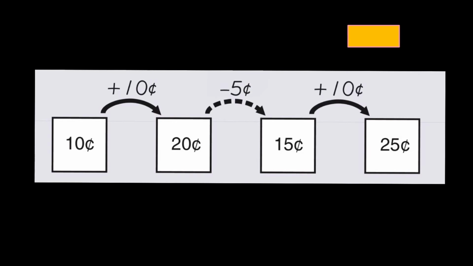So I have two rules. I have my solid arrow that is plus 10, and then I have my brand new fandangled dotted arrow that's minus 5. That's two different arrows. All I have to do is pretend like I'm a robot and do whatever the arrows say.